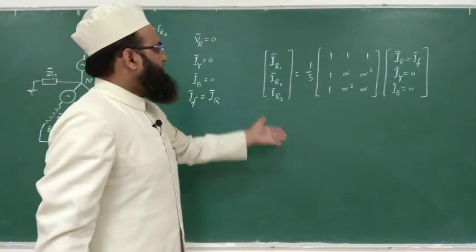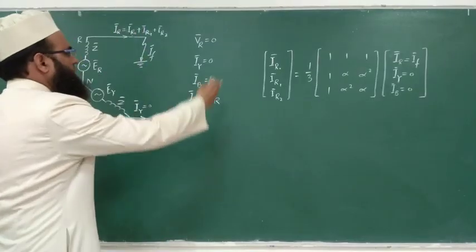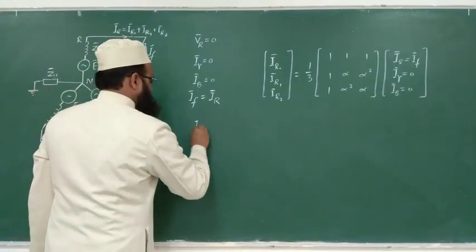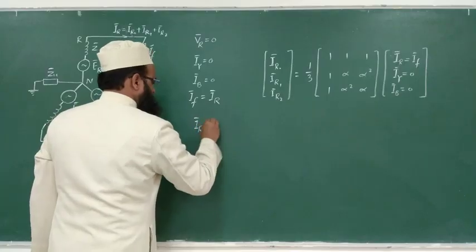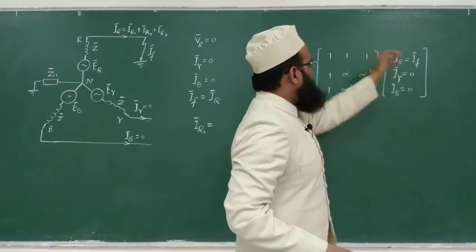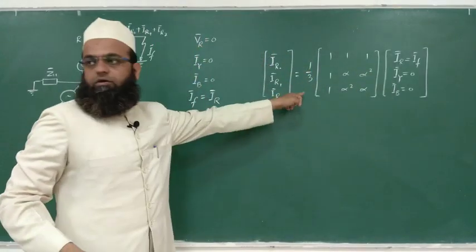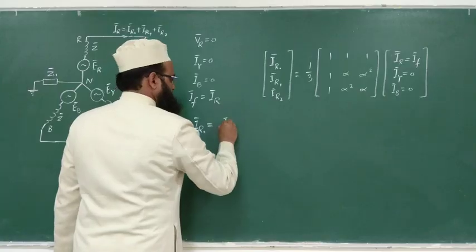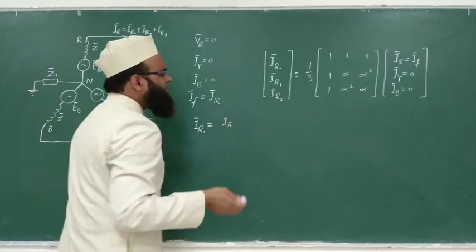So you may easily write the three components of current in R phase, that is IR0 will be equal to 1 1 1, these two are 0, so that is nothing but IR upon 3, right? What it will be? Root 3, why root 3? 3.